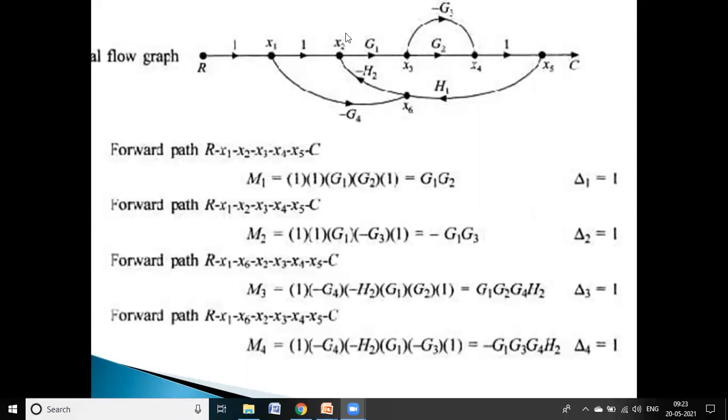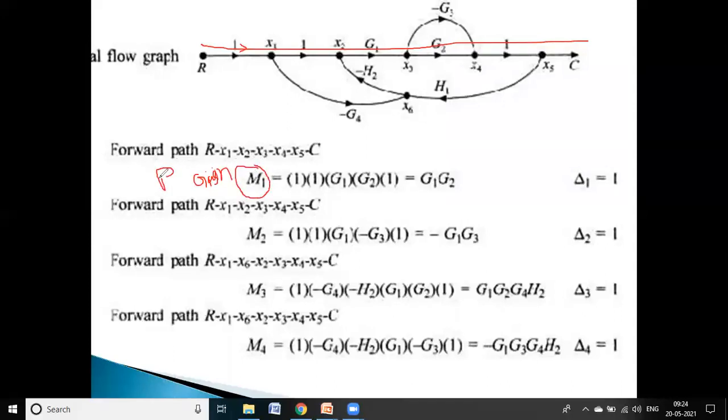So the first forward path, if we observe, is the signal flowing from the input node to the output node. This gives the first forward path. So R to x1, x1 to x2, and this is the forward path gain, which I have represented with M1.